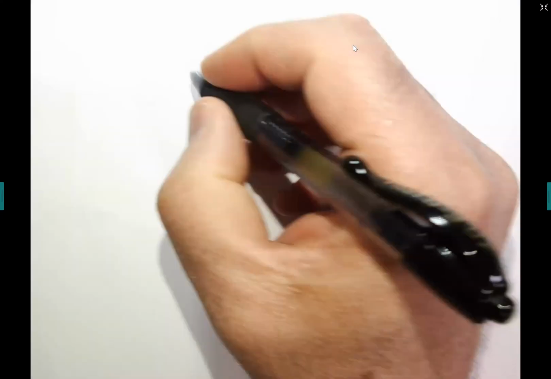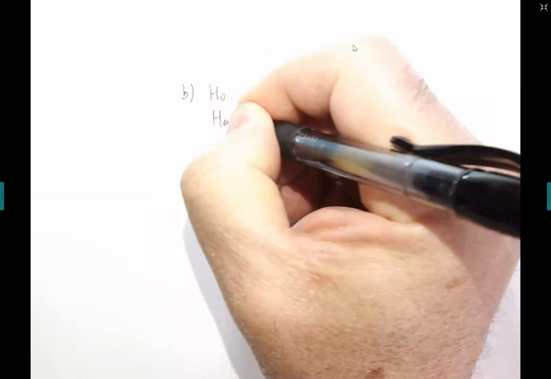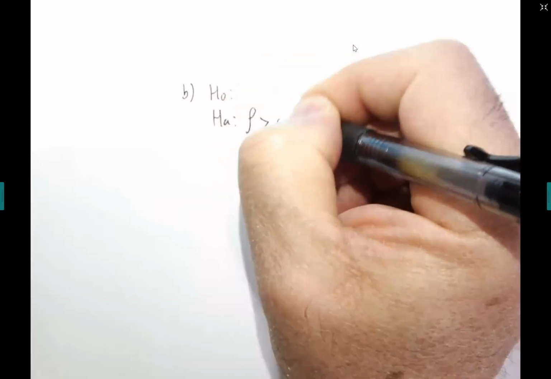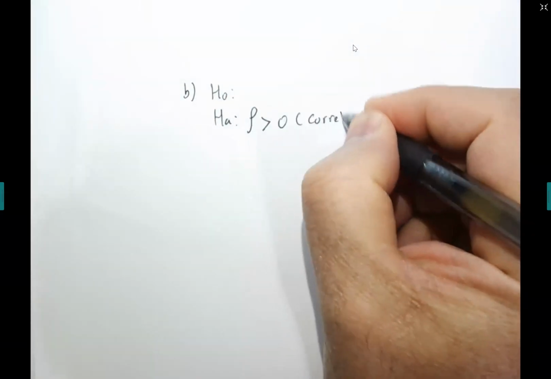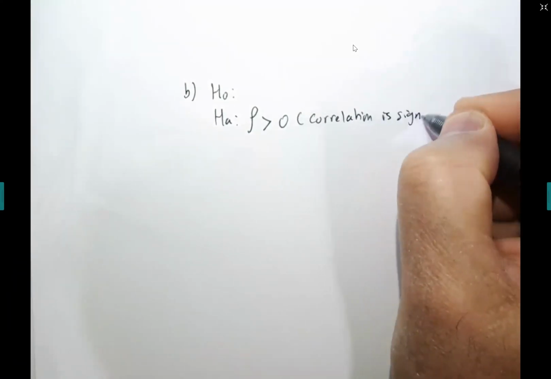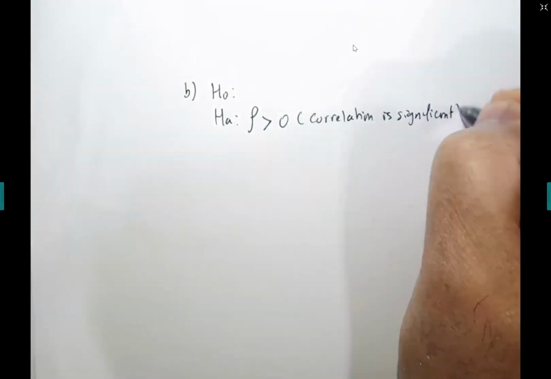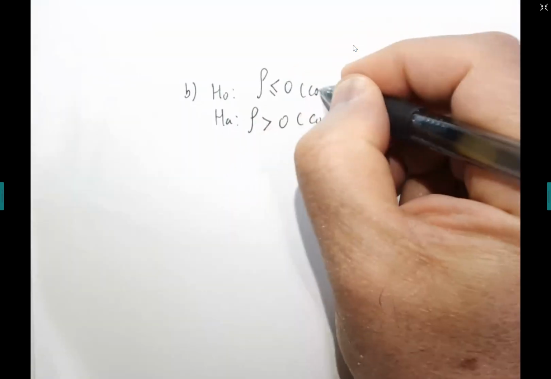So, part B, here's what you write. We want to test that rho is greater than 0, positive. So here it says correlation is significant. We don't write the claim anymore. And rho, the total opposite, correlation not significant.